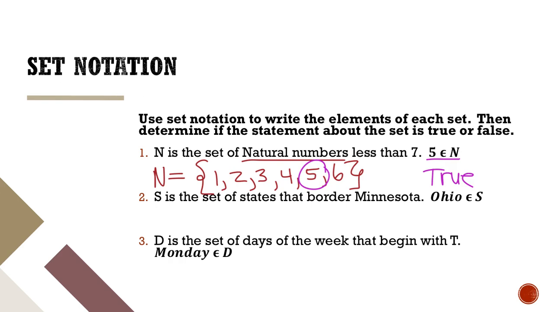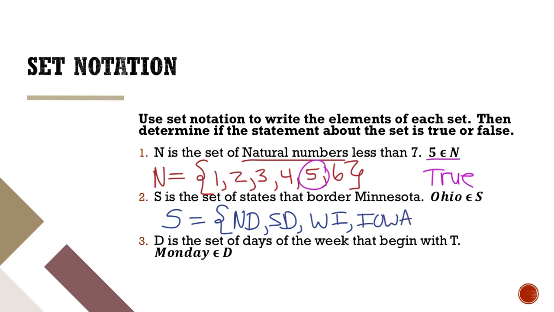Now, let's do another example here. The set S is equal to, in the squiggly brackets, all of the states that border Minnesota, which, if you don't know, are North Dakota, South Dakota, Wisconsin, and lastly Iowa. I'm just going to write that one out. It's pretty short.